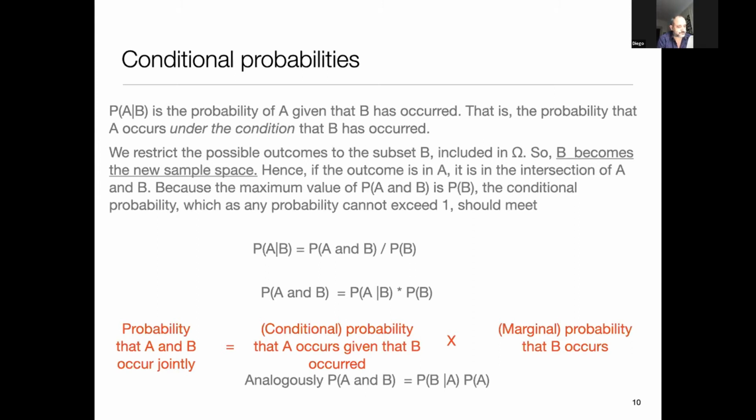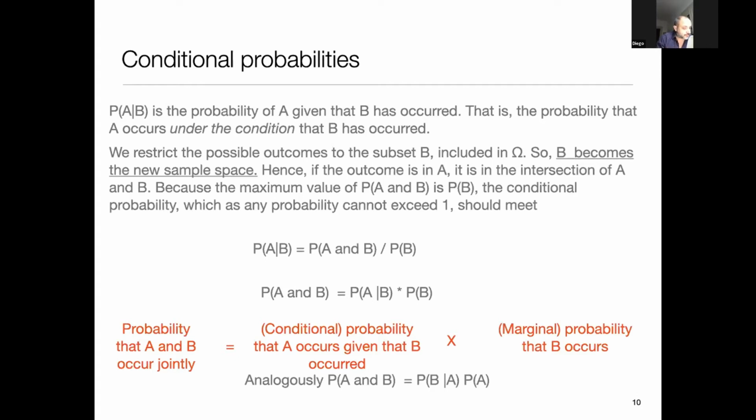And the maximum value of the probability of A and B can only be the probability of B, because B is my sample space. It doesn't get better than that, right? That's the maximum you can get, the whole sample space. Then the conditional probability is written as you see here.